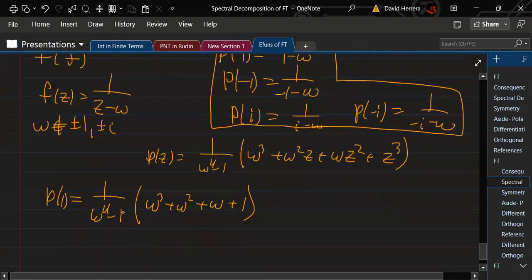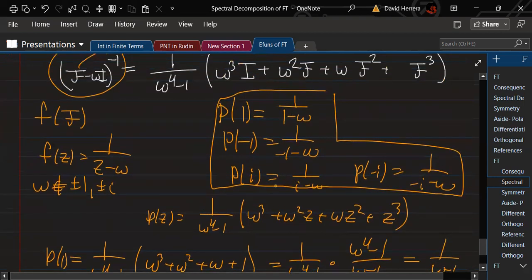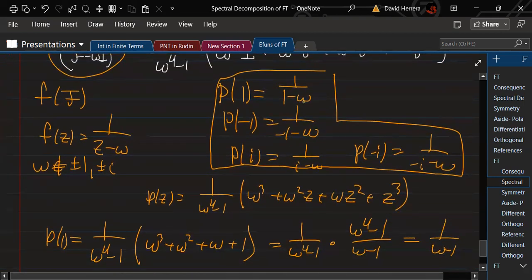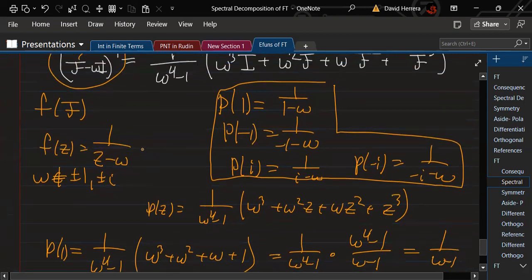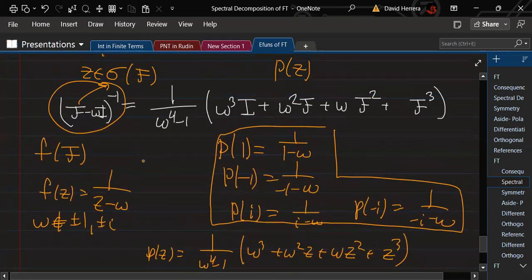Now, what you can check is this is just that identity again. Now the sum here becomes omega to the 4th power minus 1 over omega minus 1. These cancel, and I get 1 over omega minus 1. That's not exactly this. They're flipped. So am I forgetting a negative sign or something?